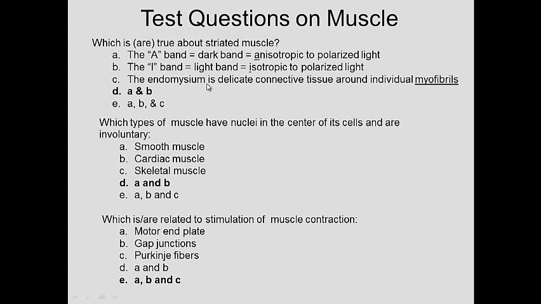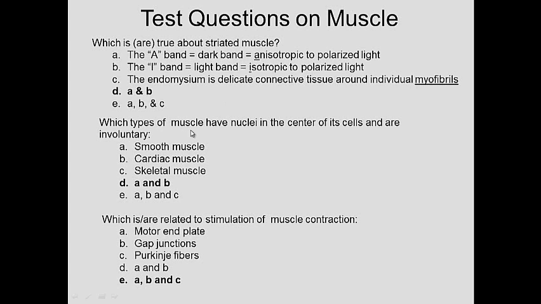The endomysium is delicate connective tissue around individual myofibrils. False. It's around individual myofibers, or individual cells. You have endomysium. The myofibrils are what's inside of a cell, not the cell itself. So the answer is D.